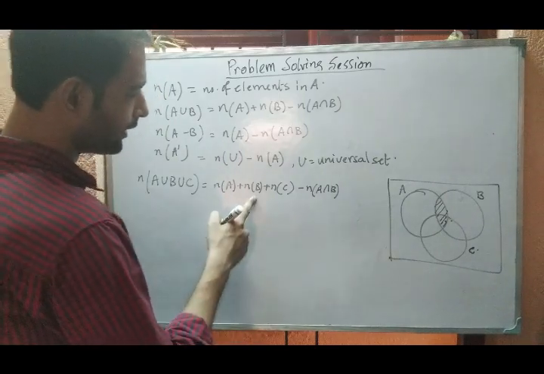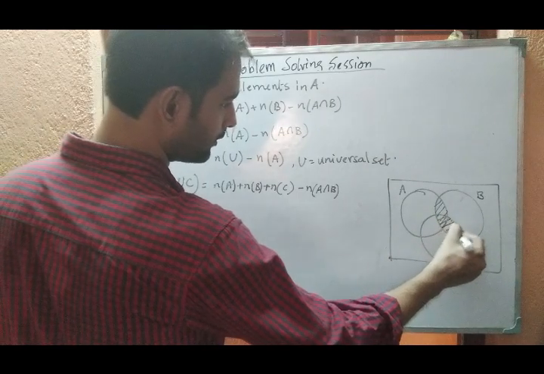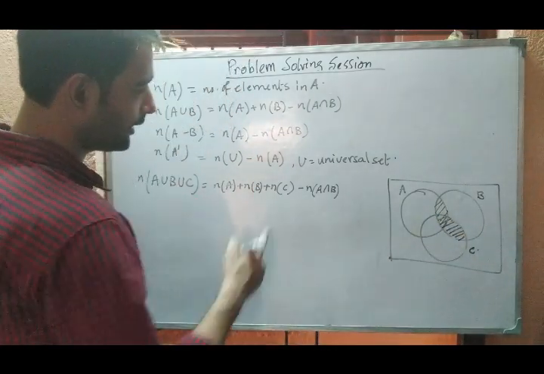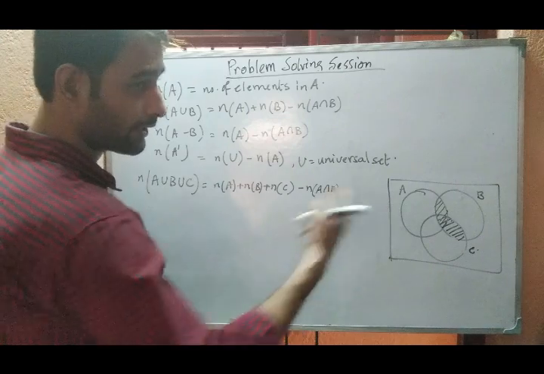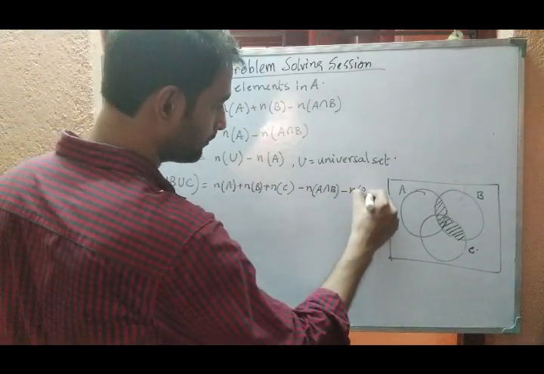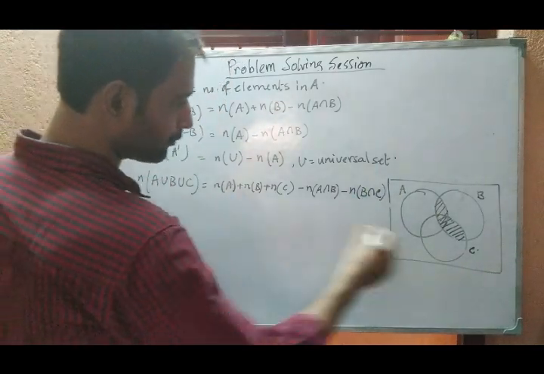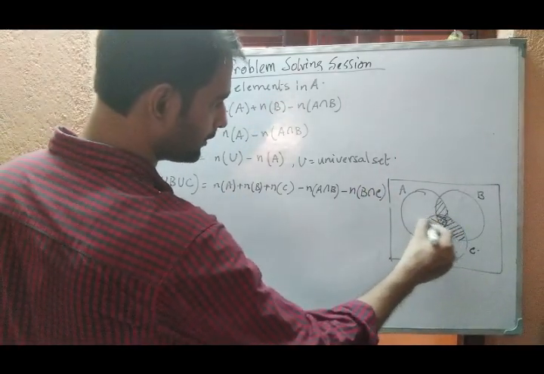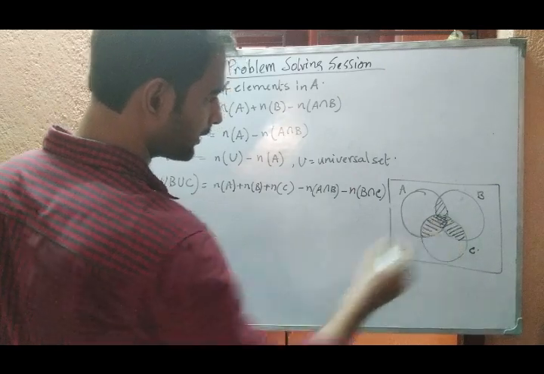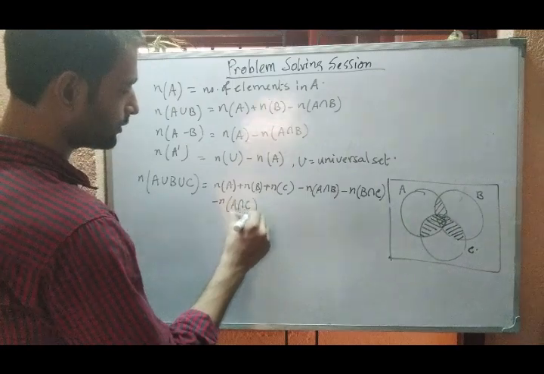Again, when we are taking B, this intersection is also taken, that is B intersection C. And when C is taken, it is again taken twice. So we will subtract it 1 time. And also the same case with A and C, the intersection of A and C is taken 2 times. So again we subtract it 1 time.